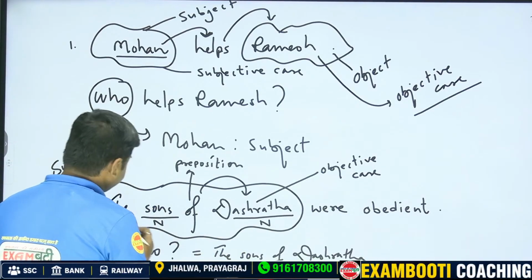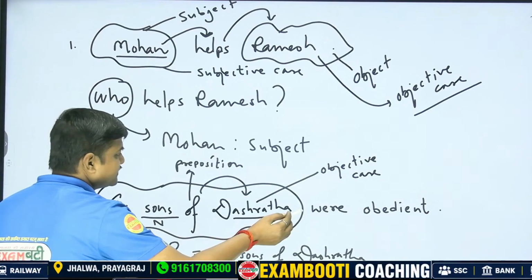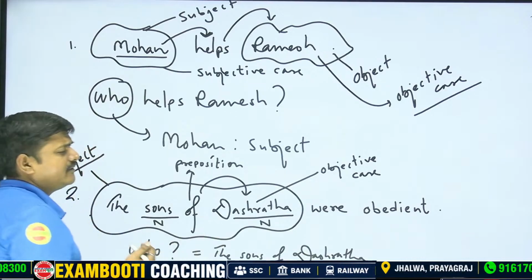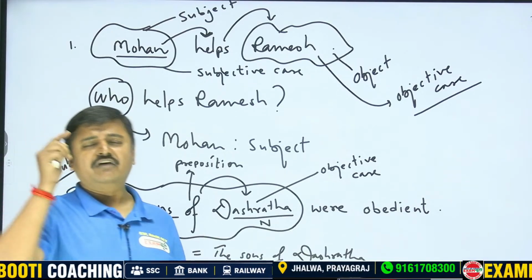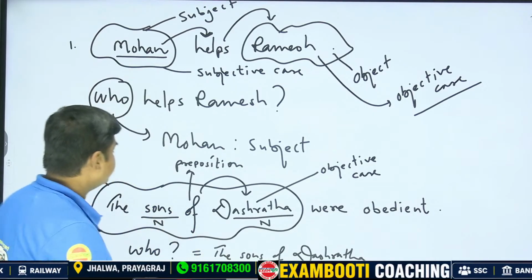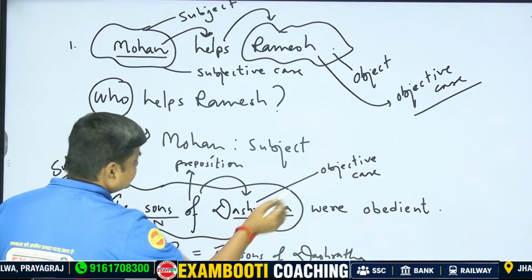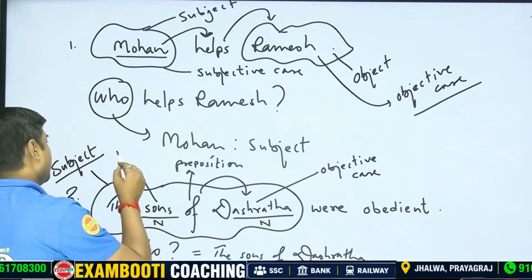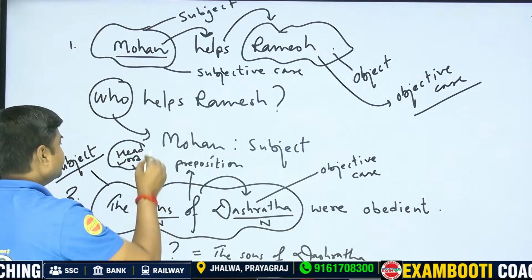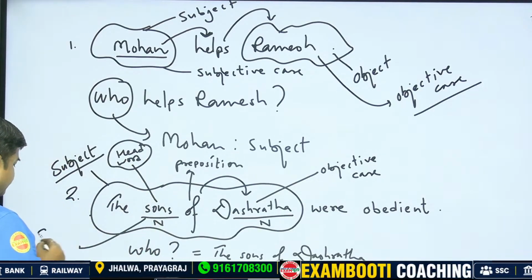The subject starts from here and ends here. There are so many nouns, but there will be only one head word that is in subjective case. So you will see that this is in objective case. This is the head word, and this head word is in subjective case.